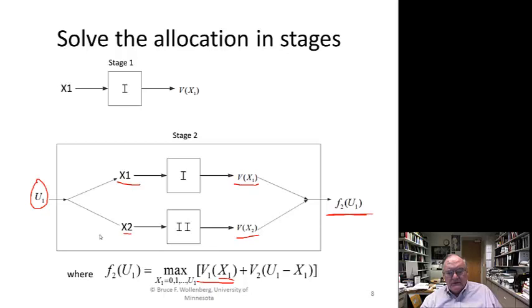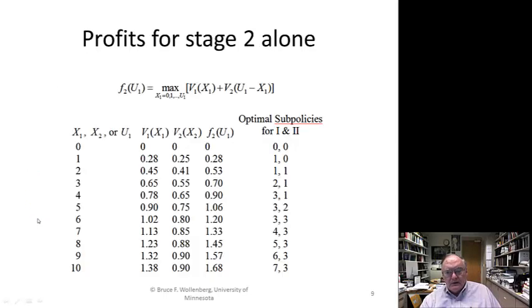So this says whatever I take of U1 and put X1 into division 1 of my company, the remainder, U1 minus X1, goes into V2, and all I have to do is determine what this number would be for different values of U1. This is the secret of it: we've broken it into just 2 allocations here, and I'm going to step through a set of values of U1.